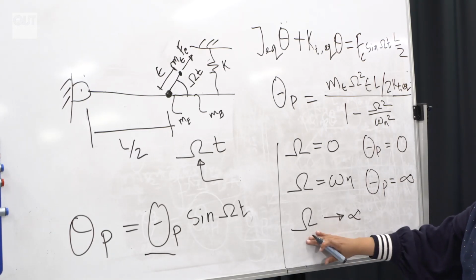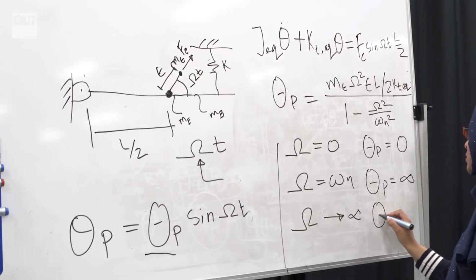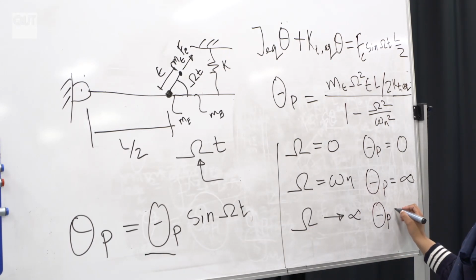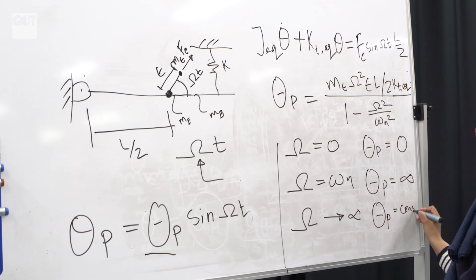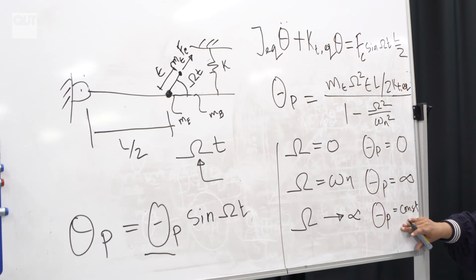And the last one, where the force frequency tends to infinity, a really big number, the amplitude expression would be constant. The important thing is that this amplitude will not be 0; it should have some value.